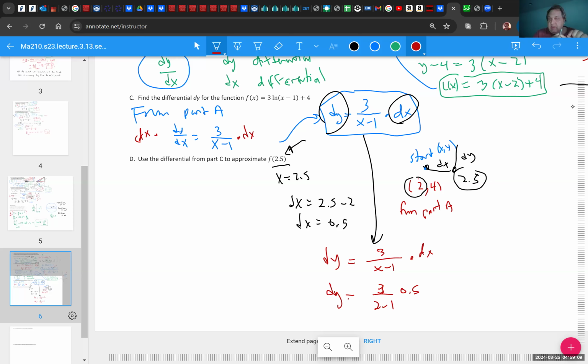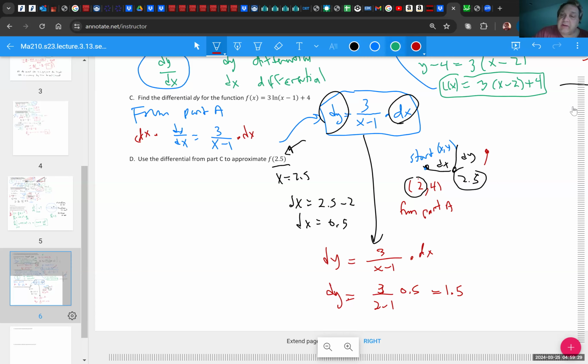So we have this x value of 2, we nudge it over to 2.5, which gives us a dx value of 0.5. So I do 3 over 2 minus 1 times 0.5. This is 1.5 if you do the math. So we know that we've nudged 1.5 in that direction.